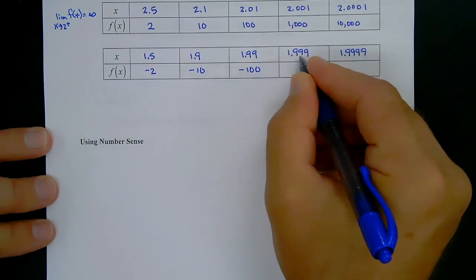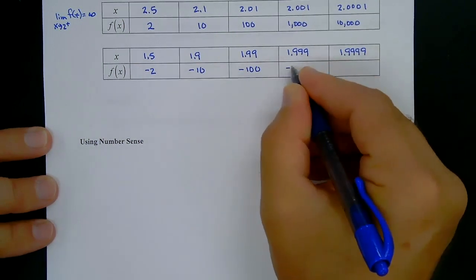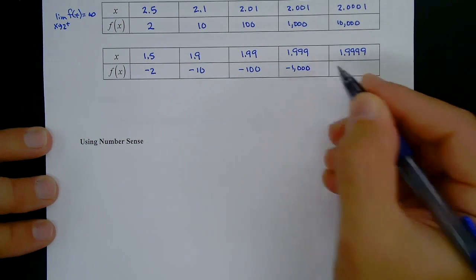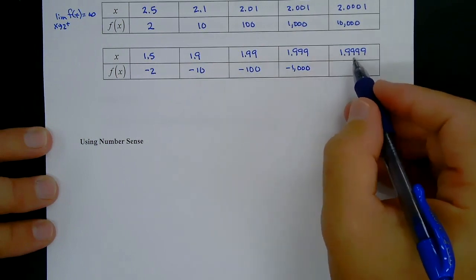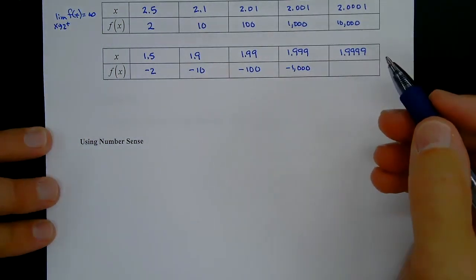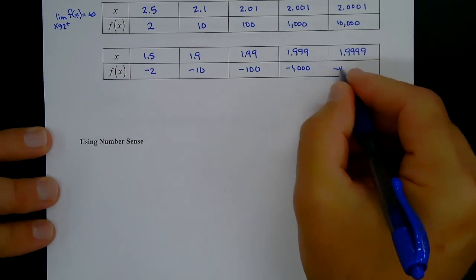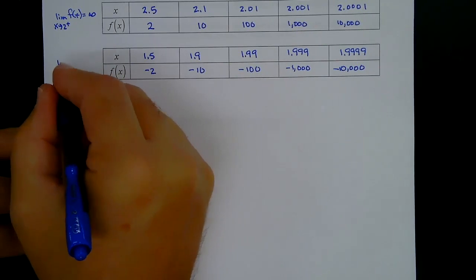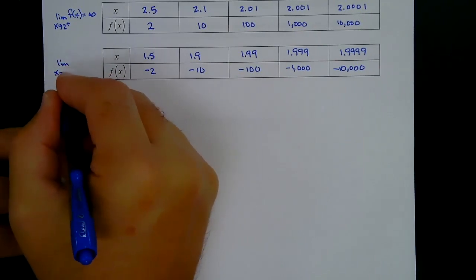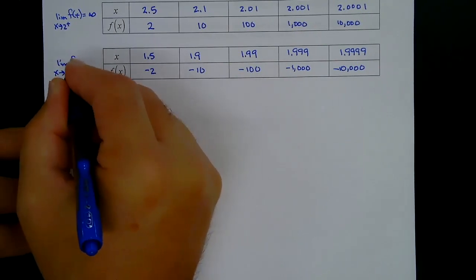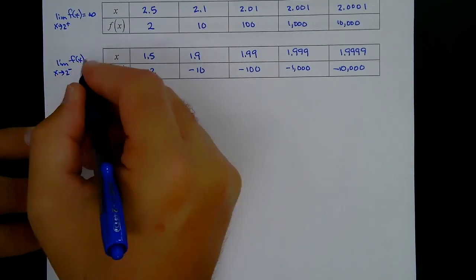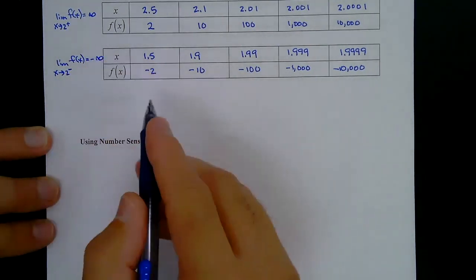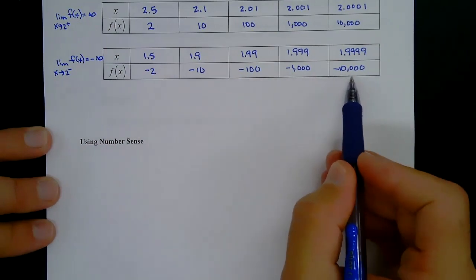At 1.999, it's -1,000. And at 1.9999, I think I said 4 nines, okay, it'd be -10,000. So this table is describing the limit as x is approaching 2 from the left of f of x. And that's equal to negative infinity because these are getting bigger and bigger and bigger in a negative way.